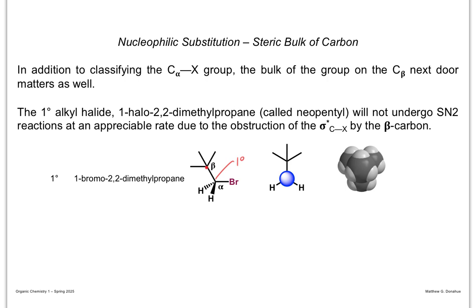And then I go out one more carbon to the beta carbon. Notice that that has 3 carbons attached to it. When you look at the Newman projection, again from where the sigma star would be, and then the space filling model, you can no longer see that sigma star orbital.